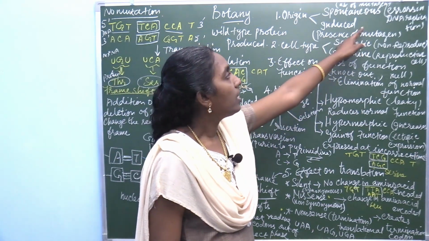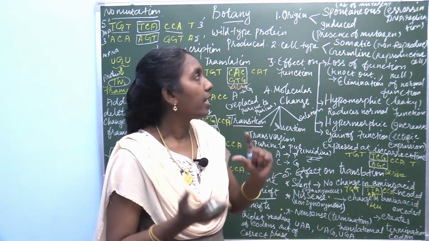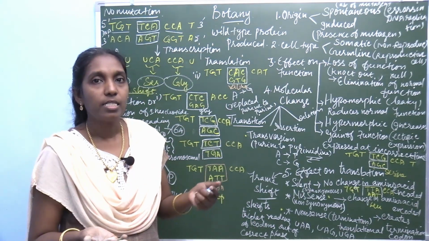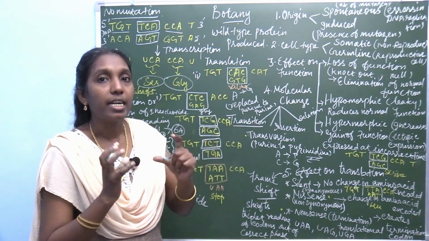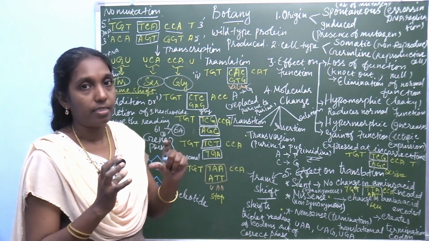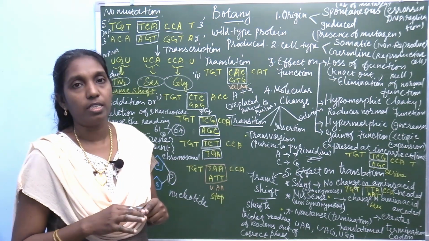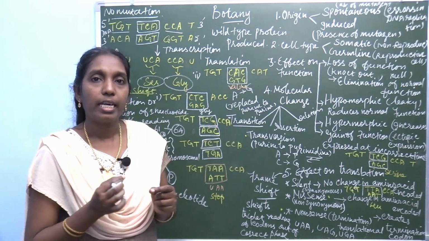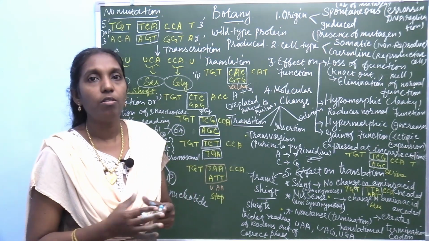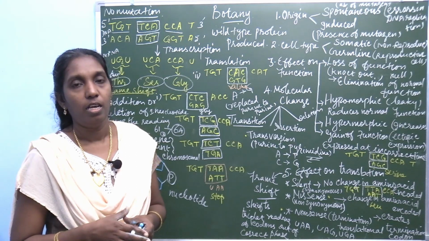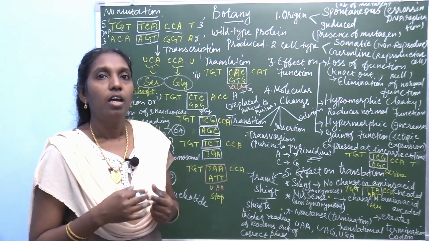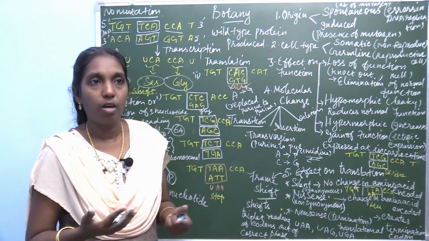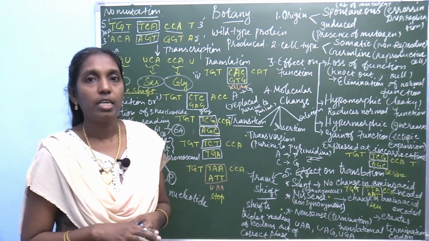So what's the definition? Errors in DNA replication. If mutation takes place when the DNA replicates, it forms errors. That is spontaneous mutation. What's meant by induced mutation? The mutation can be induced by means of some mutagenic agents: radiations and temperature, which are physical mutagenic agents, or chemical mutagenic agents.